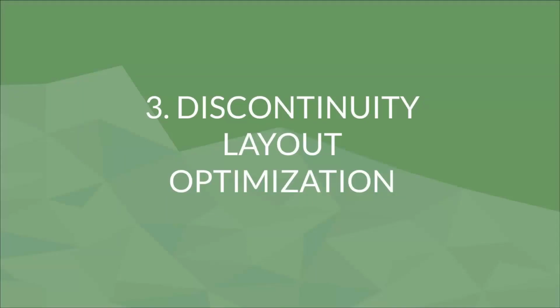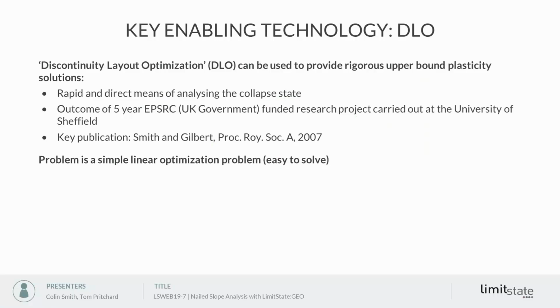Before we go and look at some details, we'll just look in detail at how the software works. So the software uses a solution technology called discontinuity layout optimization, and this can be used to provide rigorous upper bound plasticity solutions. It's a rapid and direct means of analyzing the collapse state.